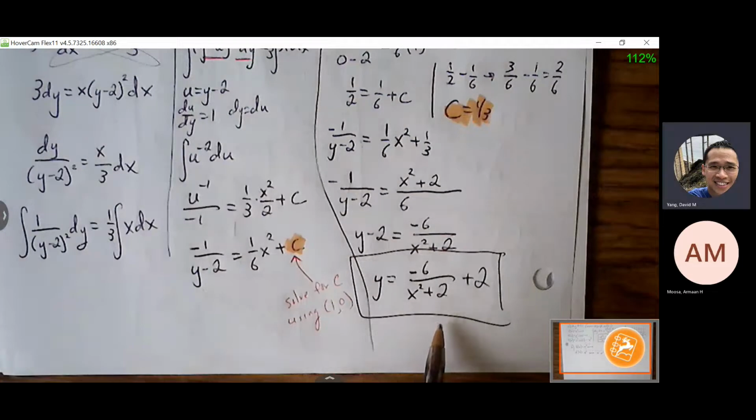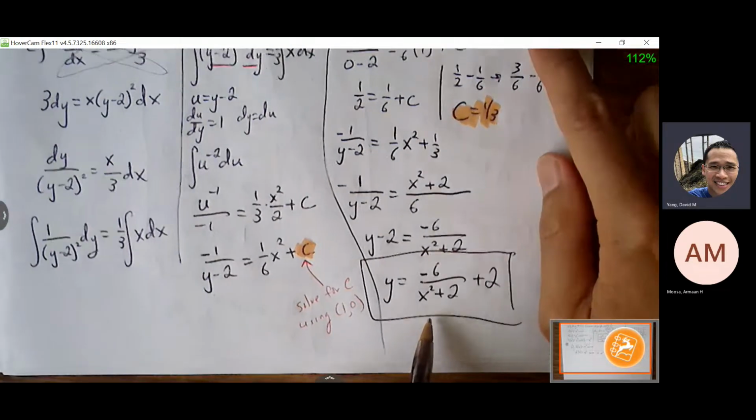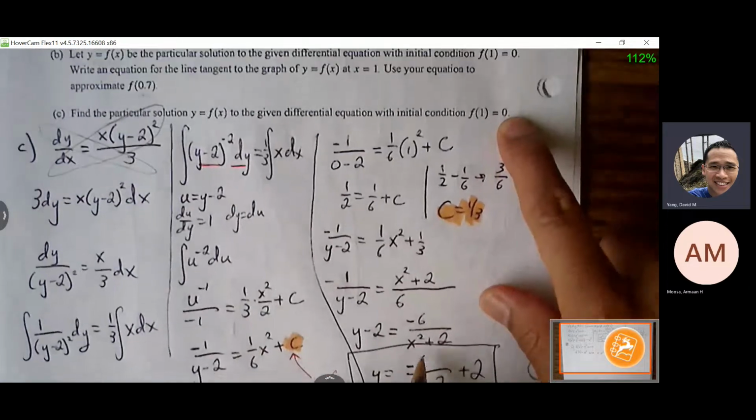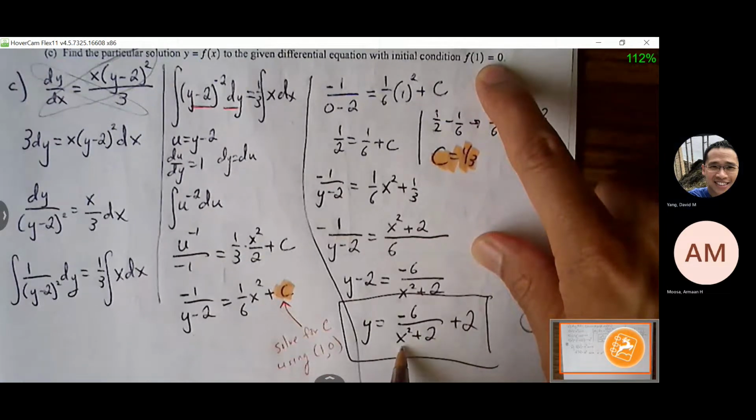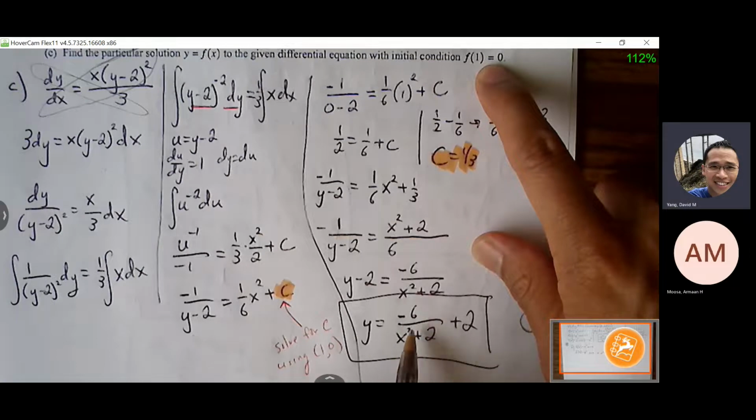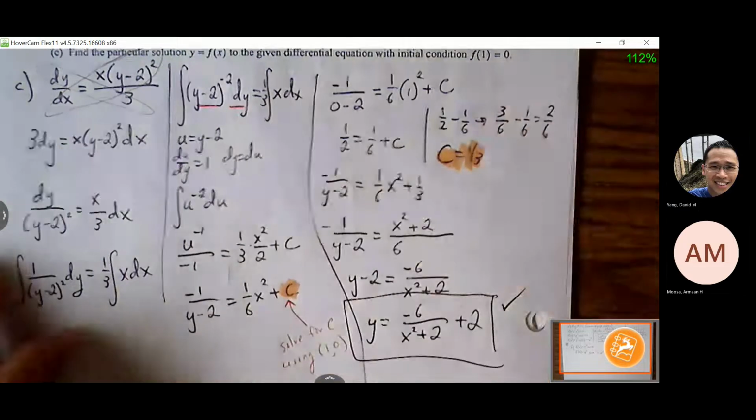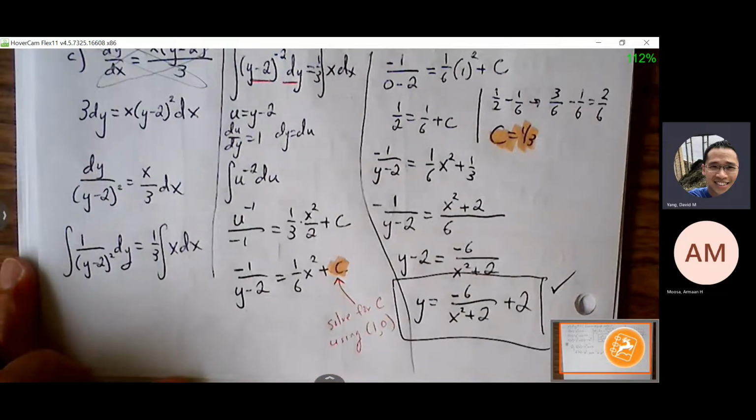It's always good if we can double check with the ordered pair and see if it'll work. It should work. If I plug 1 in for x, I get 1 plus 2 is 3. Negative 6 over 3 is negative 2. Negative 2 plus 2 is 0. Good way to double check we're on the right track.